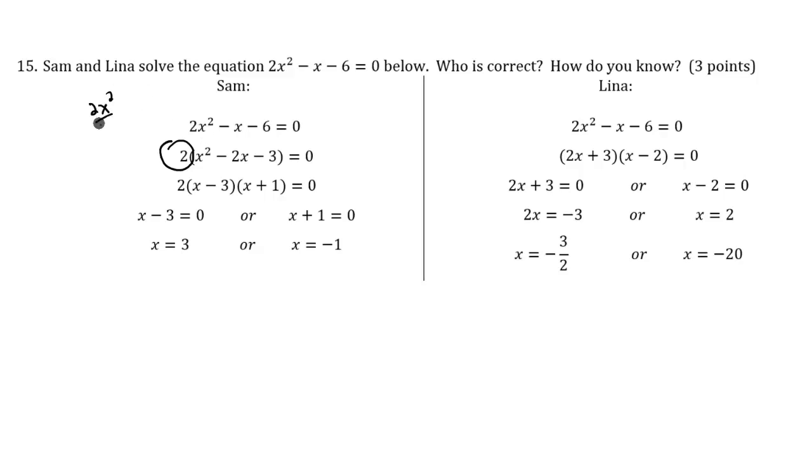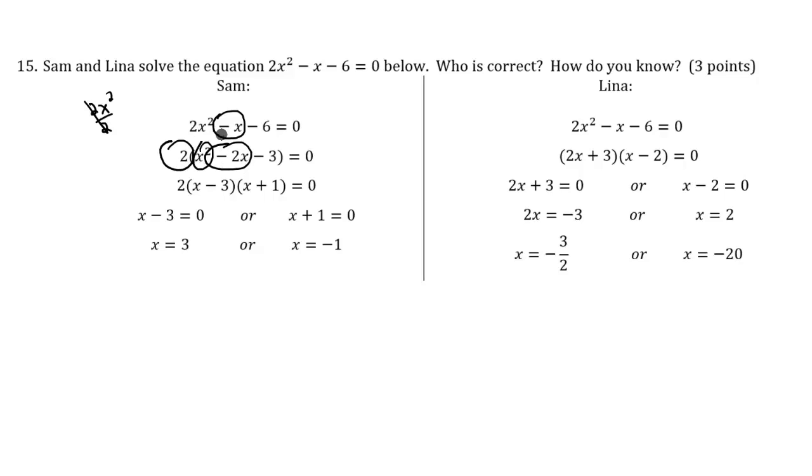If we divide out a 2, 2's go away, we're left with just an x squared here, so that's okay. Could you divide out a 2 from this negative 1? Not evenly. It definitely wouldn't have left us with a negative 2x, so that's going to be the mistake right there.